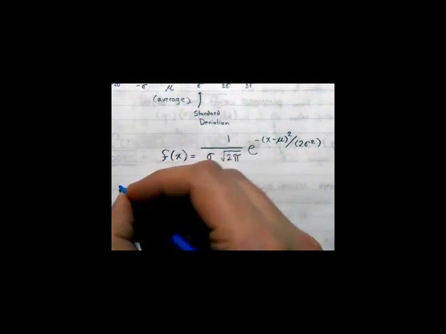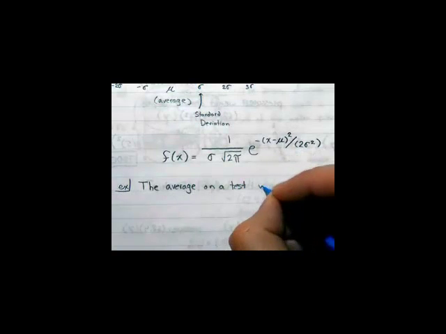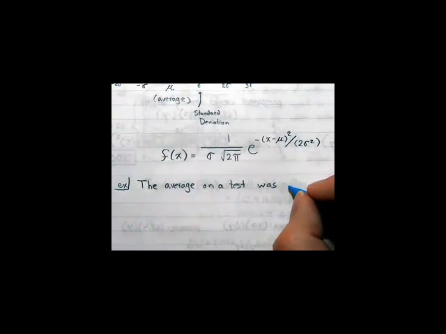Let's do a real quick example of this then. The average on a test was, I don't know, let's say an 82% with a standard deviation of 30%.